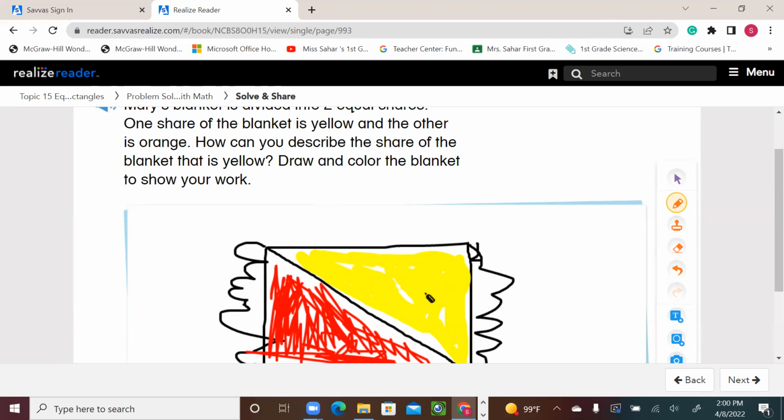It's 1 yellow out of 2, right? Out of 2 equal parts. So let's write this down. 1 out of 2 equal parts or shares, either or, is yellow.